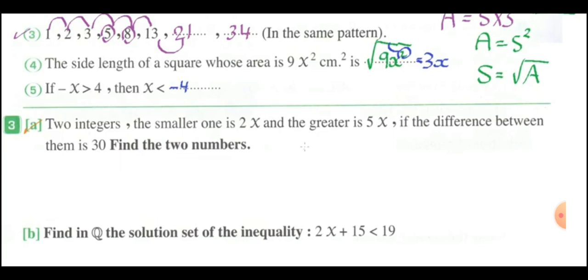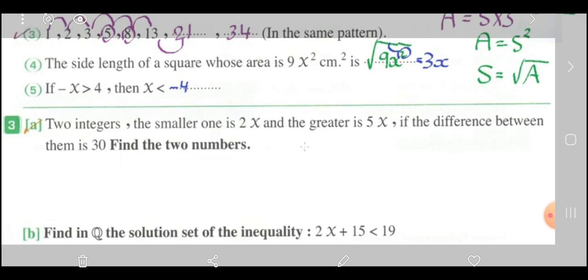Then x and negative 1 on the other side, divided: 4 over negative 1. When we divide by a negative number, we have to change the sign. If it's more than, make it less than, or if less than, make it more than. Here we make 4 over negative 1, then we have to change the sign from more than to less than. Don't forget. Then we can say x less than negative 4.